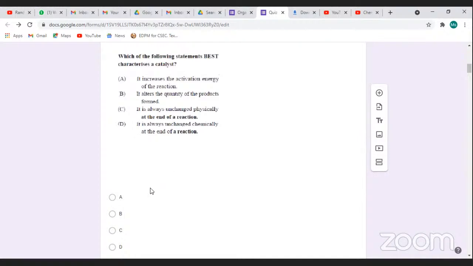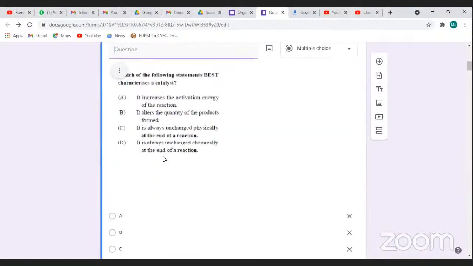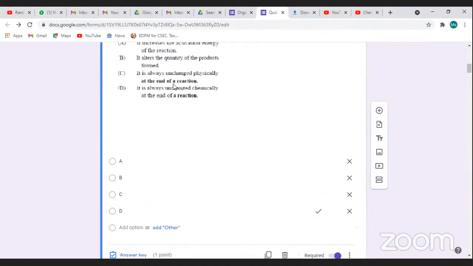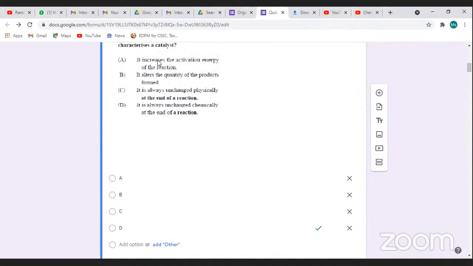Yes, very good. The answer is D. Why? Because the catalyst actually lowers the activation energy and it never alters the products. Sometimes it can be changed physically, meaning you can start out with a solid and end up with a liquid based on the temperature or something. But the catalyst does not take part in the reaction chemically. So it is unchanged chemically. So that's why the answer is D.